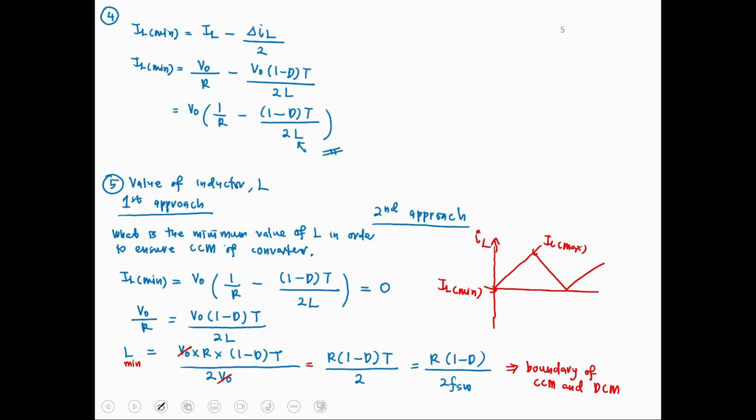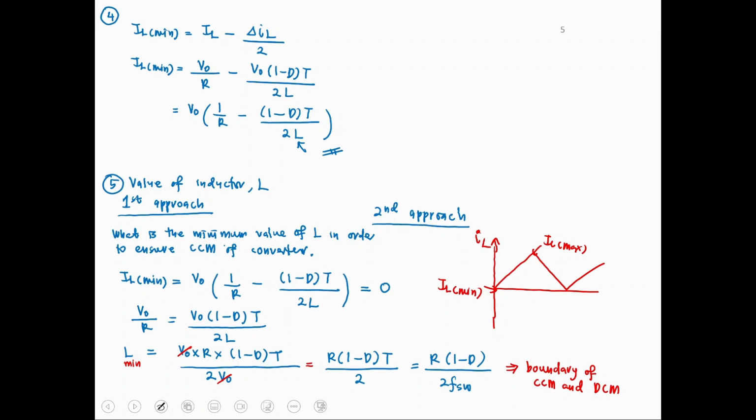Okay, if let's say that you have the current in the positive side, which is you have a positive IL min and positive IL max, your converter is operating in CCM, which is continuous conduction mode.